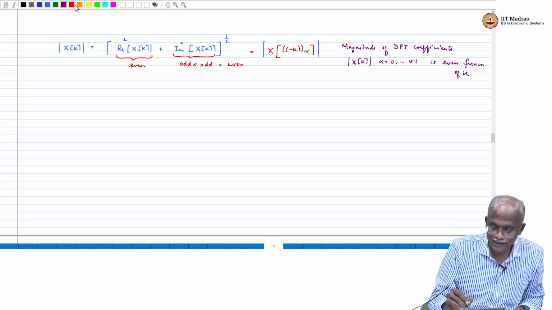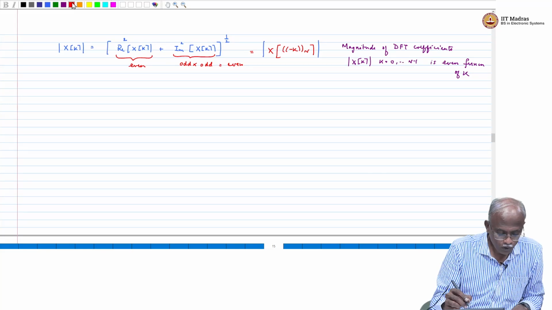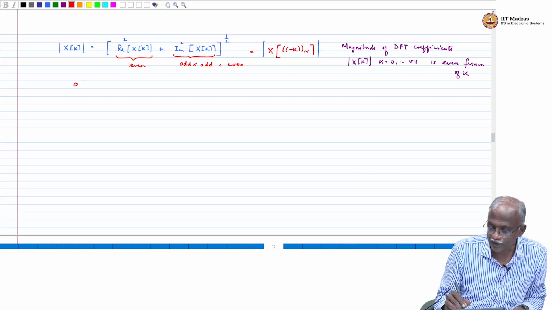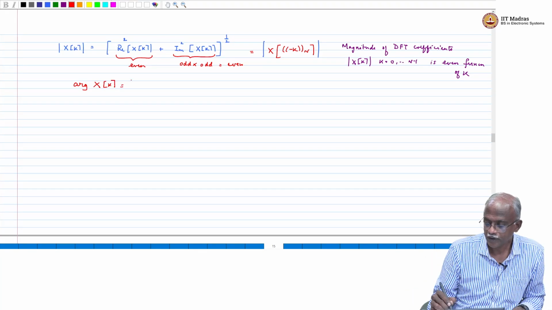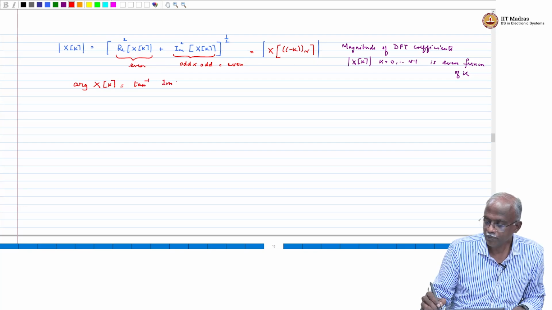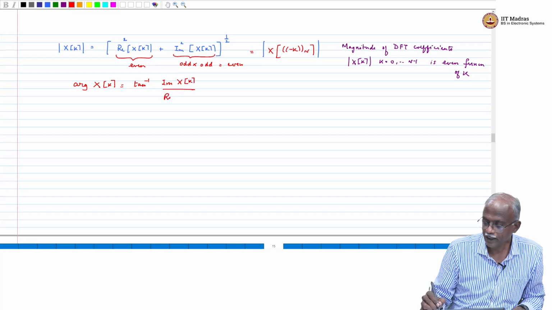Okay, by the same token, if you look at the argument of X of k, it will be tan inverse of the imaginary part of X of k divided by the real part of X of k.